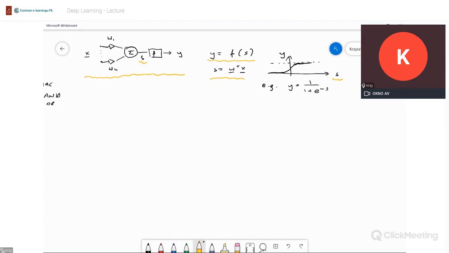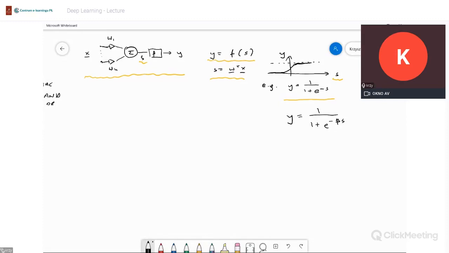Mathematically, probably the most commonly used nonlinear function is the logistic function. I can make it a little bit more complex by adding a parameter. Let's name it beta. This beta is a parameter that can control the slope of this sigmoid.